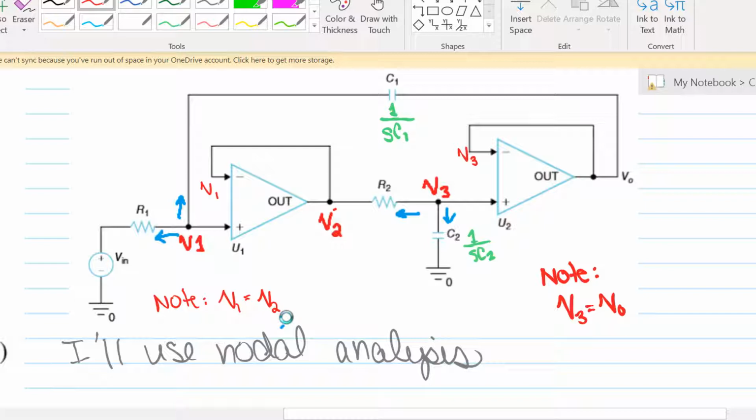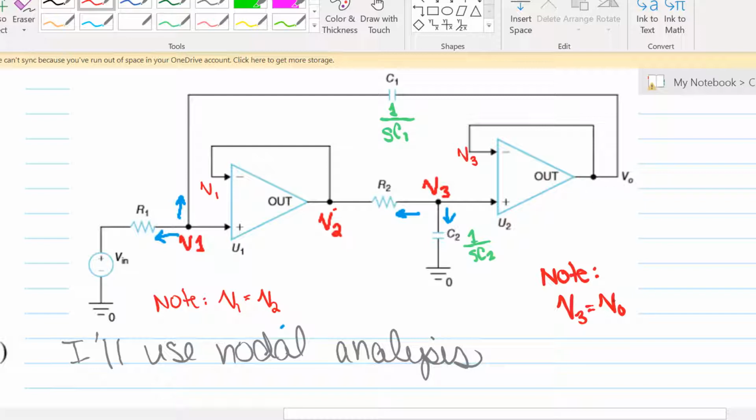Then V3 is the next one, and that's the voltage at the positive terminal of that op amp, so it has to also be the voltage at the negative terminal of that op amp. When I follow that around, I get to this node right here, but there's no circuit element, so V3 and V0 are the same as well.